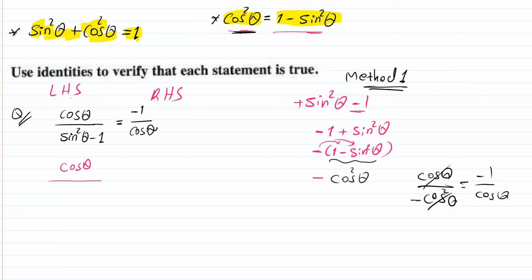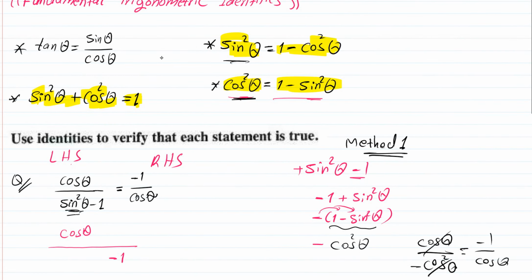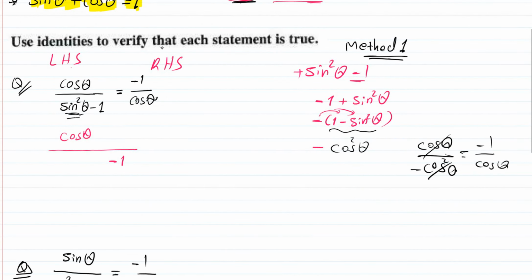Method number 2 that I explained before for you, we can rewrite the numerator cosine theta the same, and the denominator also negative 1 the same. Okay, instead of cosine theta square, I can write, from the identity, cosine square theta equals 1 minus sine square, so I can write 1 minus cosine theta square.